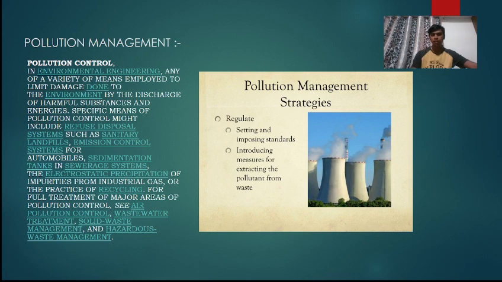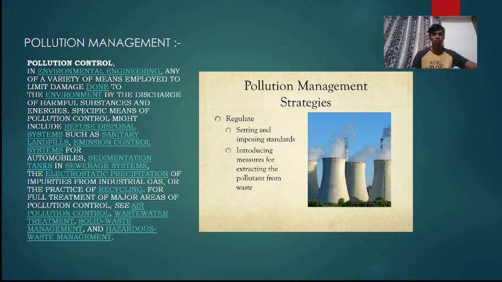And pollution management: these are management strategies like regulation, setting and imposing standards, and introducing measures for extracting pollutants from waste. The main control of pollution is through environmental engineering, which uses a variety of means to limit damage done to the environment by the discharge of harmful substances and energies.